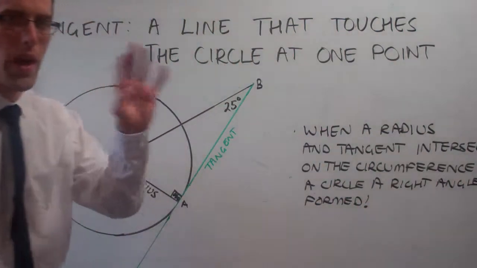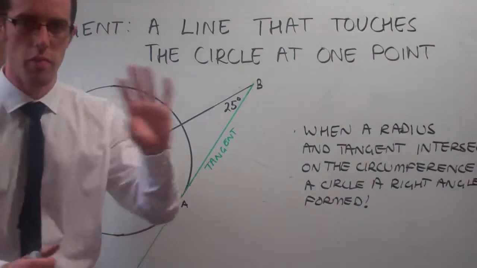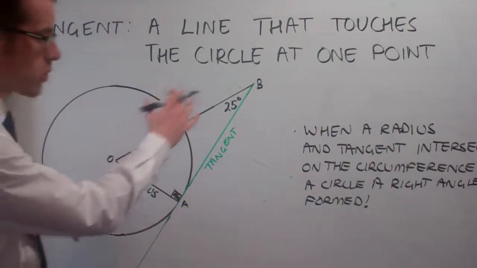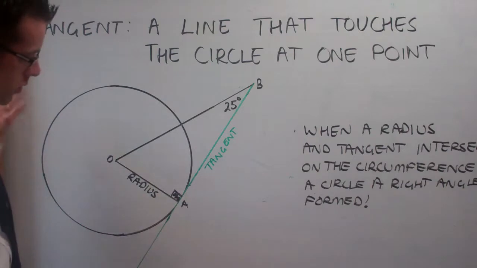And that's going to be a way in for us to work out lots of different problems to do with angles and lengths and so on with circles and tangents.